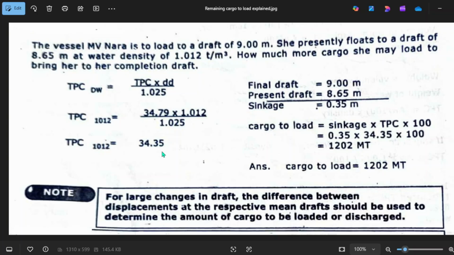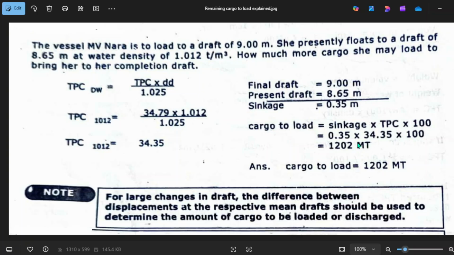Okay? And here, he has applied the formula here of 34.35. But then I will show, this is now correct, guys. After taking out this figure of 34.35, the sinkage is 0.35. This is correct. Now, according to the formula of how much cargo to load, sinkage times TPC times 100.